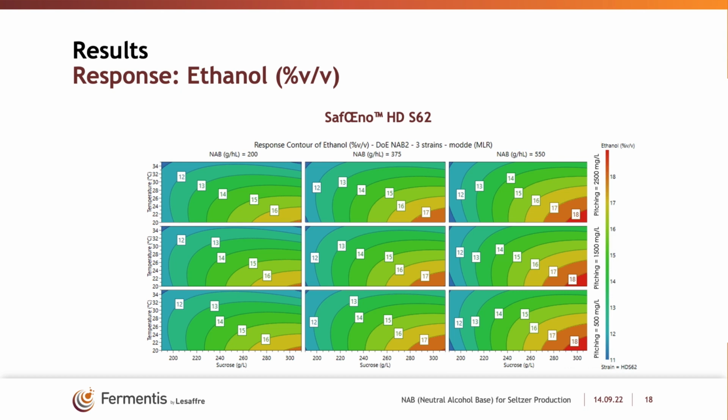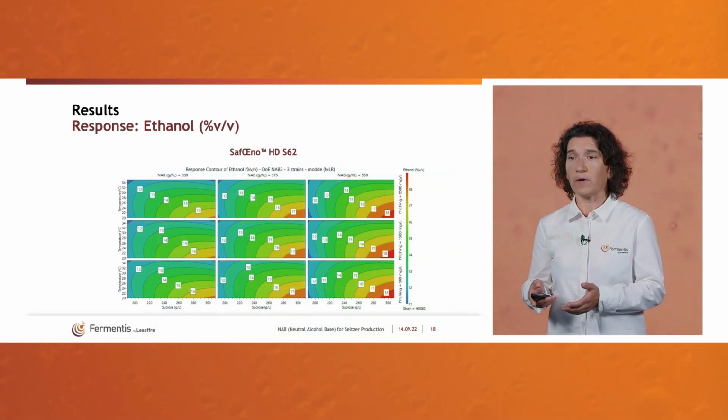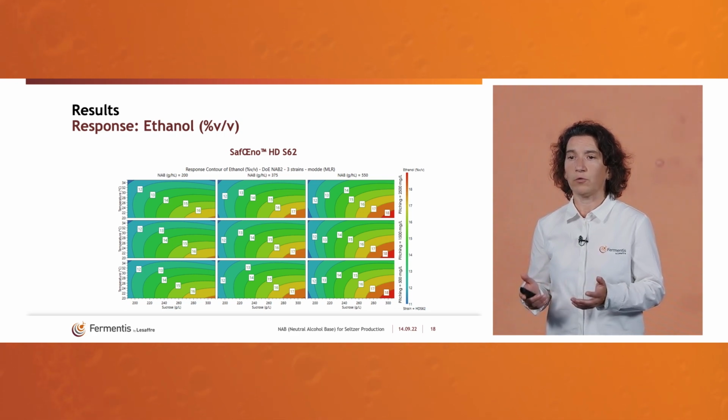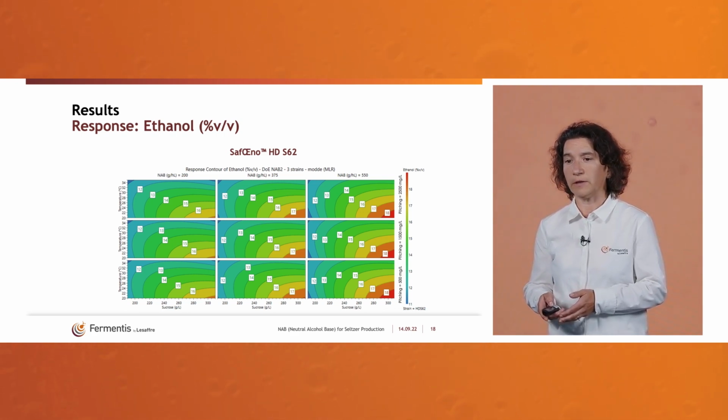And if we increase the quantity of NAB too, we can see that the area is increased also, and we can obtain 18% of ethanol in different cases. We can see also that if we increase the pitching rate, we are not going to increase the production of ethanol.